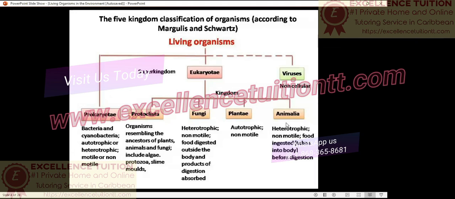Basically, bacteria, amoeba, anything that's a single-celled organism would fall under that kingdom. Protoctista is any organisms resembling the ancestors of our plants, so like ancient molds and algae would fall under this category. Then you have fungi, which is fungus.